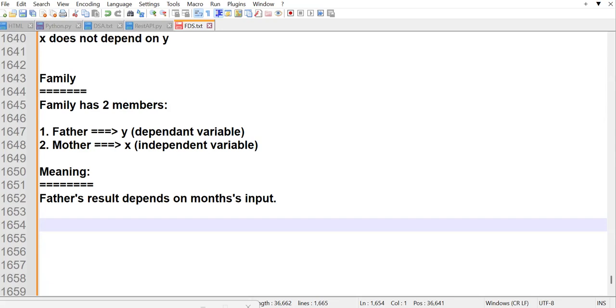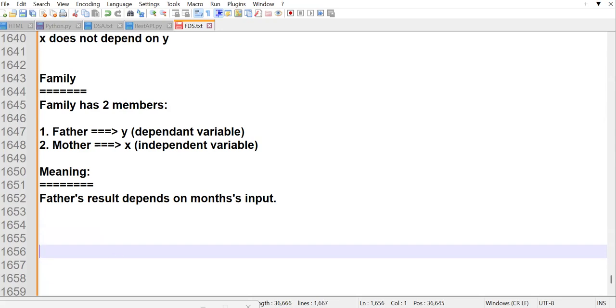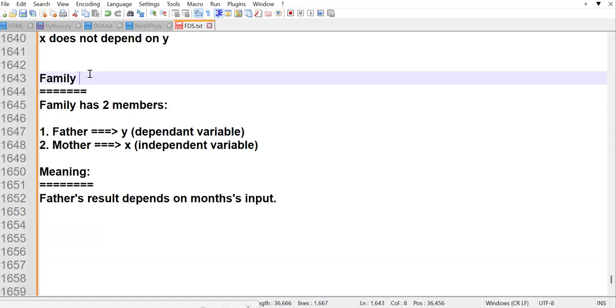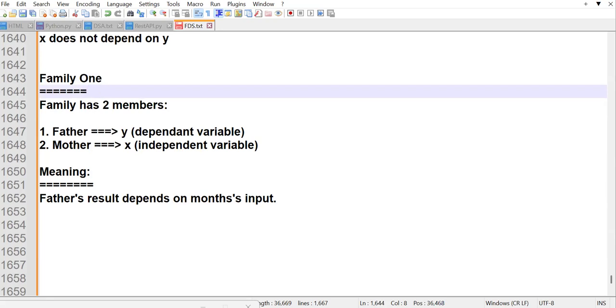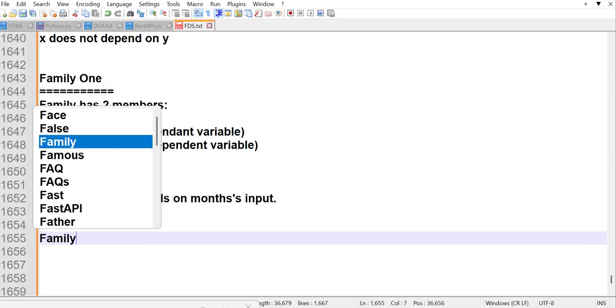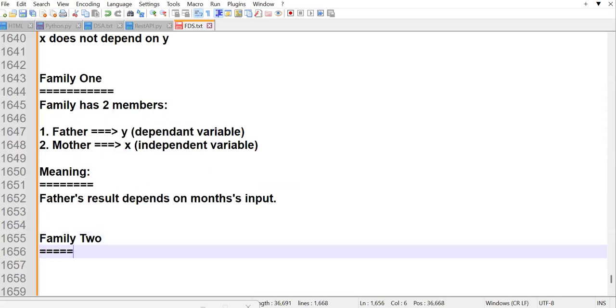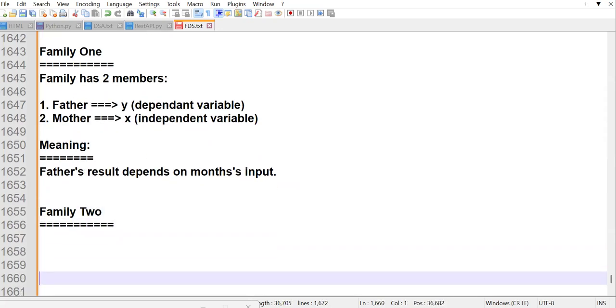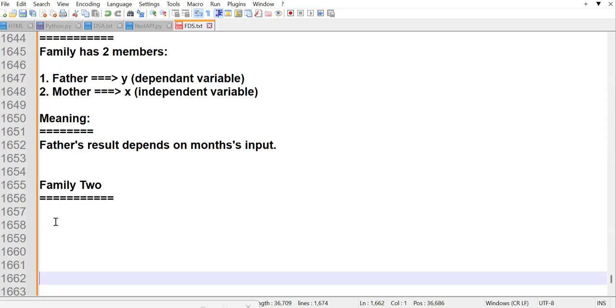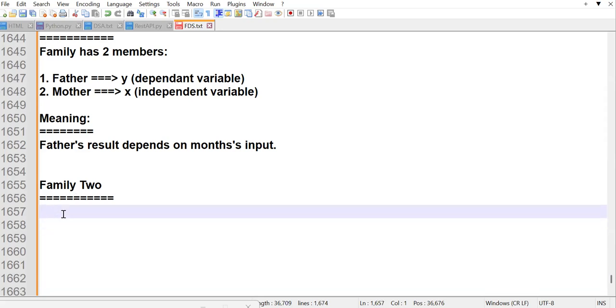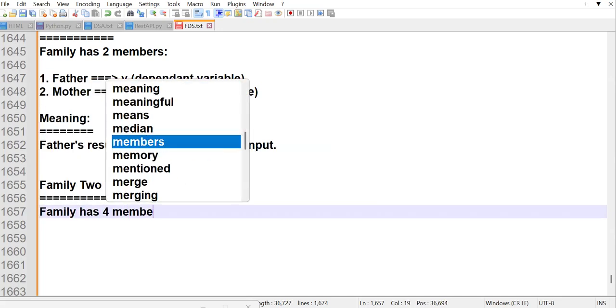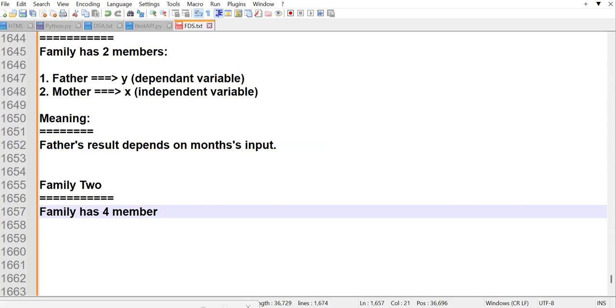Okay, let me give you one more example. This is family one, and there is one more family, which is family two. In this family, let's suppose family has four members.